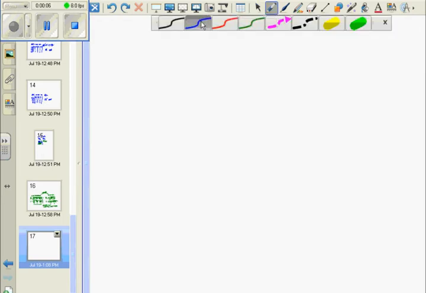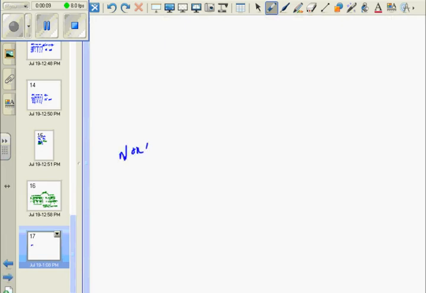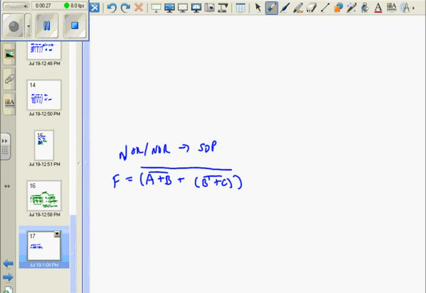So here's an example of going from NOR, NOR to SOP. Here's our equation in NOR, NOR. We're going to do A NOR B, NORed with B not NOR C. All right, so we can easily go to the POS form by just writing what we see, but taking away the bars.